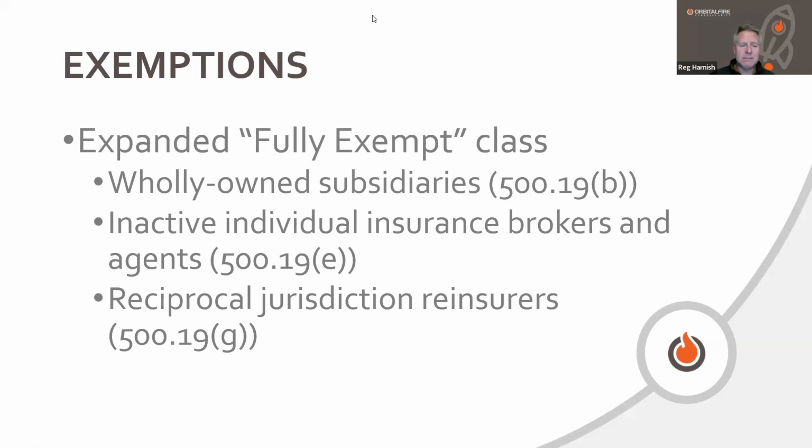And then there are reciprocal jurisdiction reinsurers, which actually breaks down into several other things. I don't even know what that is, but 19G gives those full exemptions in that class, so 19G.